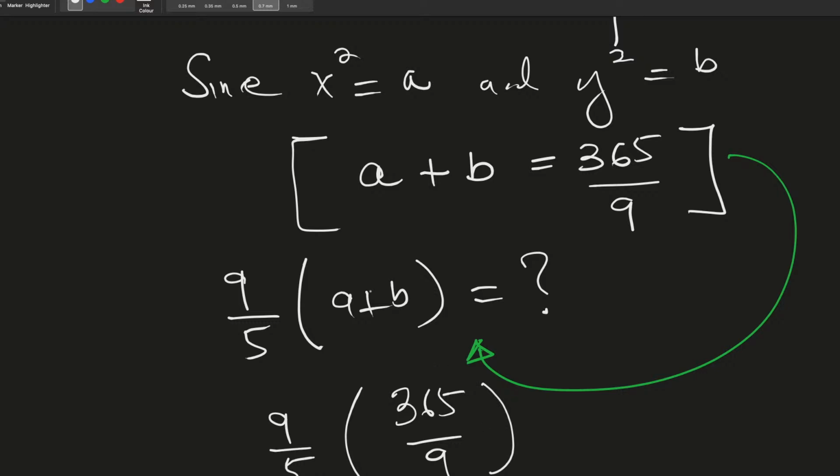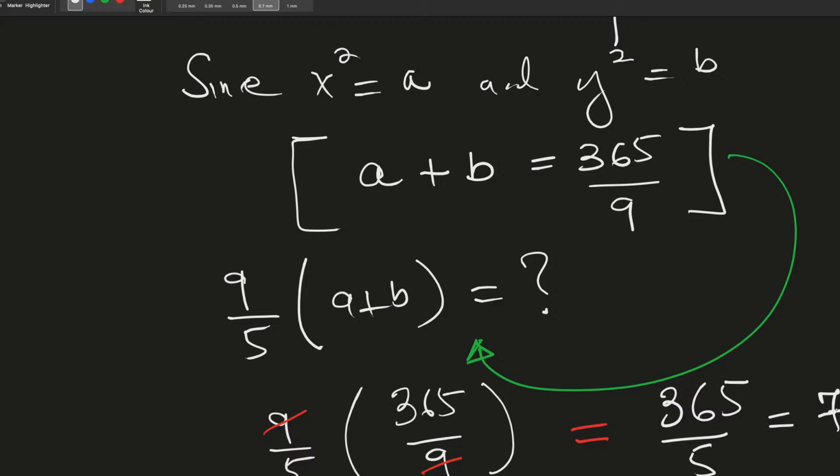Friends, it's obvious that 9 will cancel 9. So we'll be left with 365 divided by 5. And you all know that if you use your calculator well, it always equals 73.